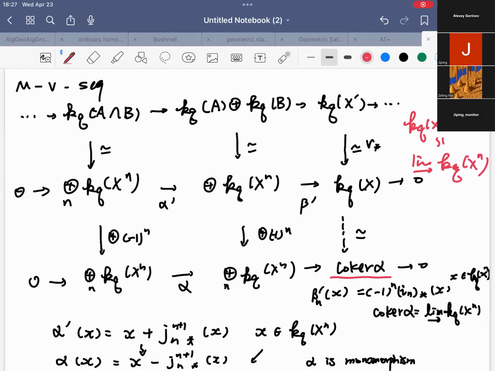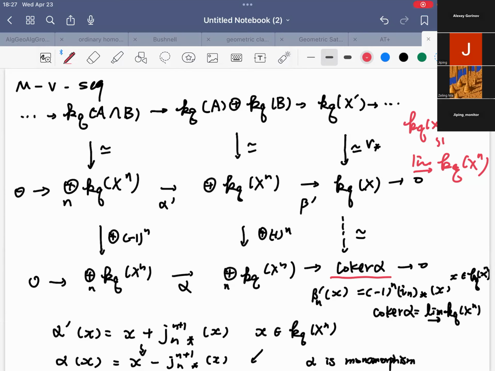The union is X, and the intersection is comprehensible. So we have the exact sequence at the top, and then the one in the middle.